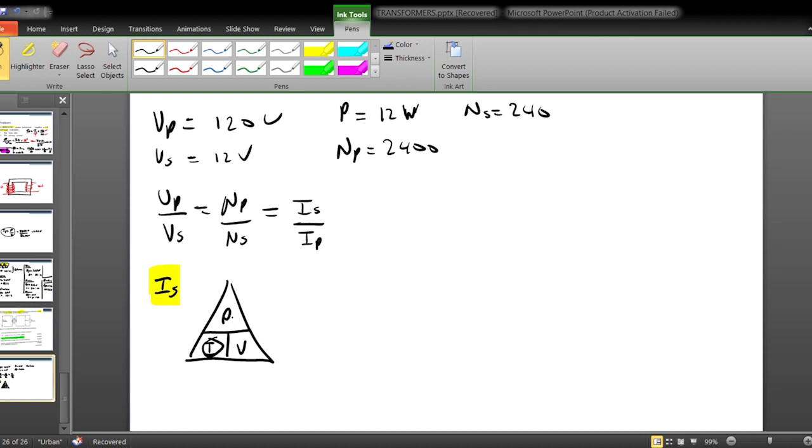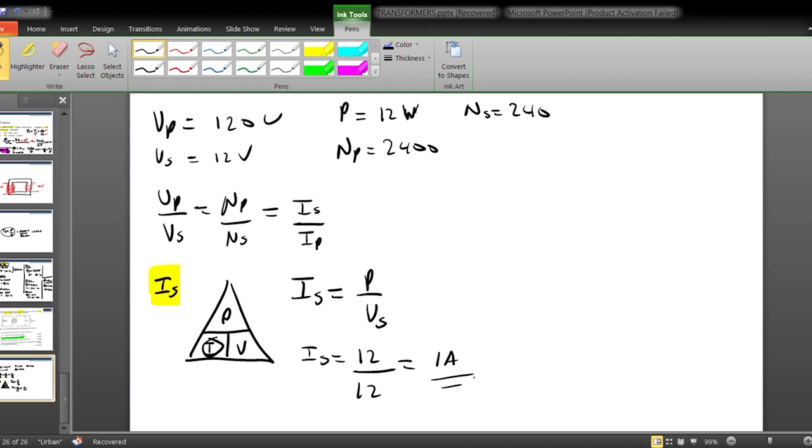I is equal to P divided by V. So IS, and since we're using IS, which means a secondary current, we will also have to use a secondary voltage. Now let's plug in the values. IS is equal to 12 watts divided by 12 volts, which is equal to 1 ampere.